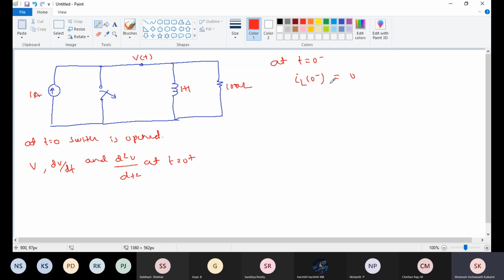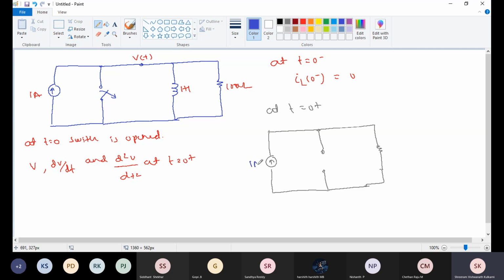Now at t equal to 0 plus, I'm going to redraw the circuit. At t equal to 0 plus, tell me how the inductor will behave. It will behave as an open circuit, and the resistance stays as it is, because the current through the resistance changes instantly in accordance with the voltage.